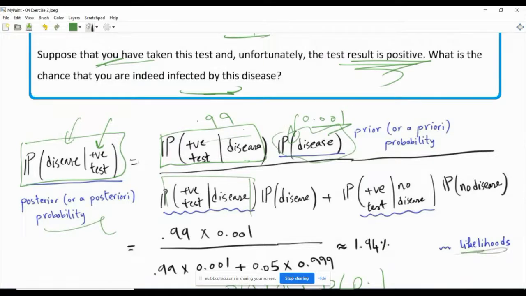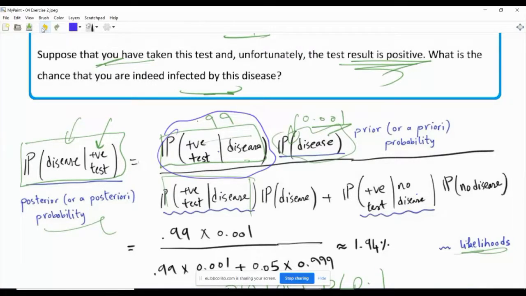The other ones, in blue, the probability of a positive test given the disease or a positive test given no disease, are called the likelihoods. Near the end of this course, we will study hypothesis testing, and we will use this terminology: prior or a priori probabilities, posterior or a posteriori probabilities, and likelihoods.